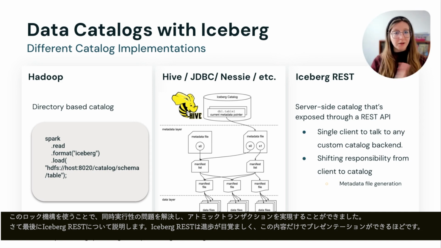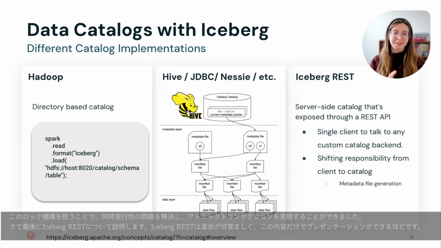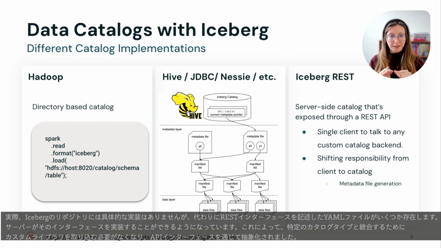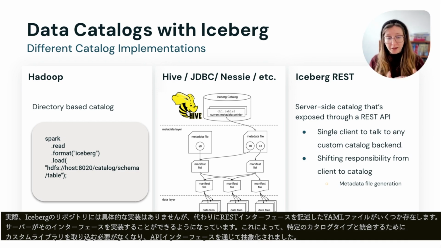Now there's been this new evolution to Iceberg REST, and I could probably do a whole presentation just on the Iceberg REST catalog. So whenever you hear IRC, it stands for Iceberg REST catalog, and it's this category. There's no actual implementation of this in the Iceberg repo, but there is a bunch of YAML files that describes a REST interface that a server can then implement.